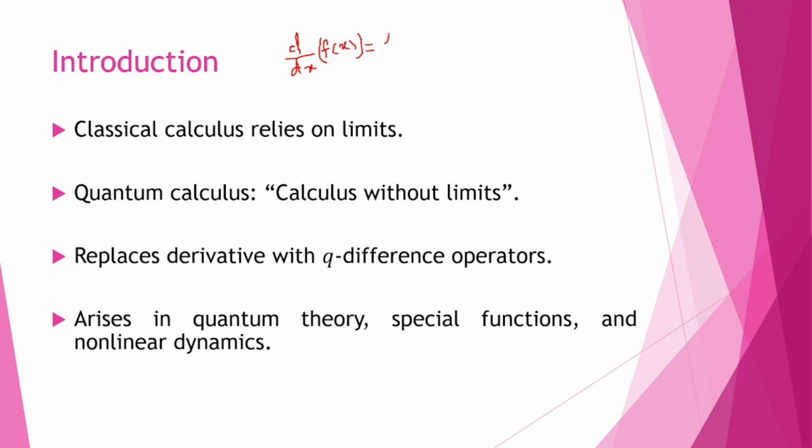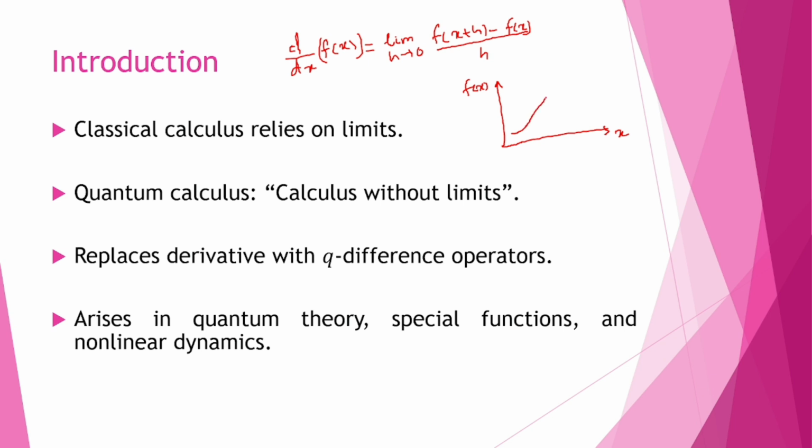It is limit h tends to 0 of f of x plus h minus f of x divided by h. That means if I draw a graph, this is our x-axis, this is f of x.